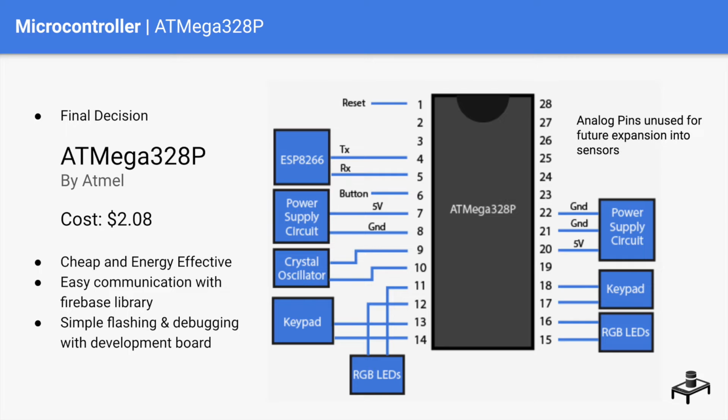Pins 11, 12, 15, and 16 are PWM signal pins that are essential for controlling voltages going to the RGB LED PCBs. Pins 13, 14, 17, and 18 are used to read the input verification code through the keypad. Pins 23 through 28 are unused analog pins that we could implement in future for sensors.